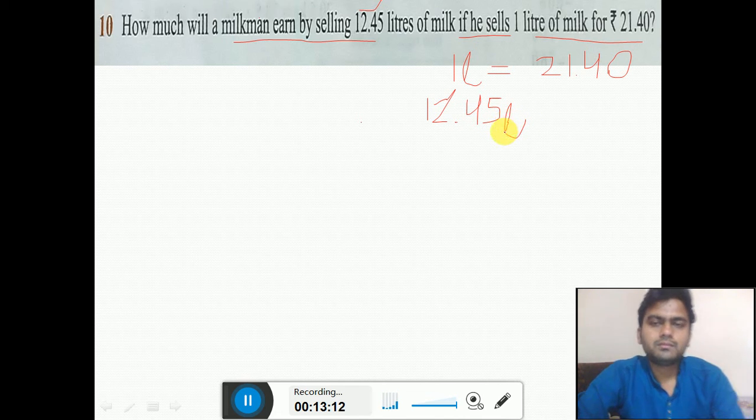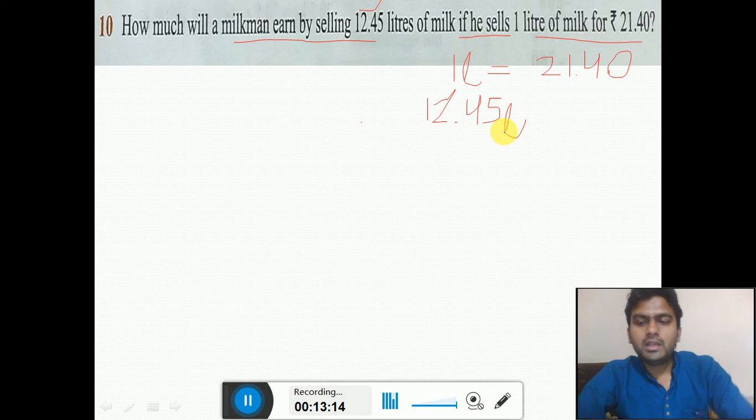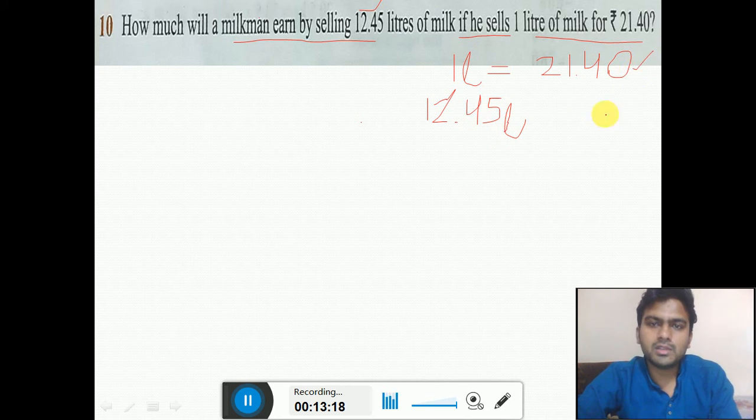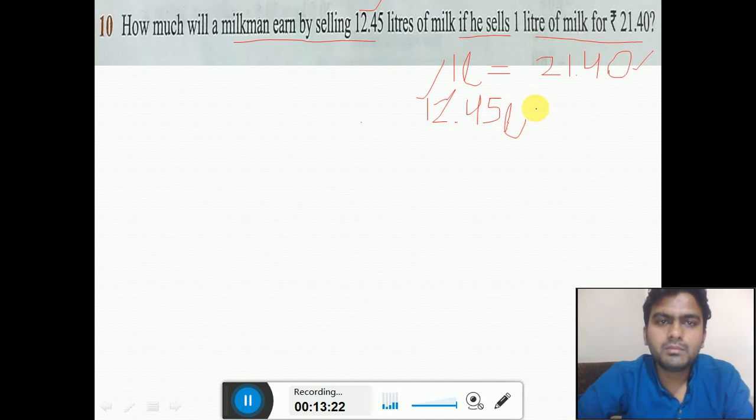If 1 liter of milk costs 21.40, so what is the cost of 12.45 liters of milk? So what we will do, we will multiply. If one chocolate costs 21 rupees, so what is the cost of 12 chocolates? What we will do, we will multiply the 12 with the cost of one chocolate.